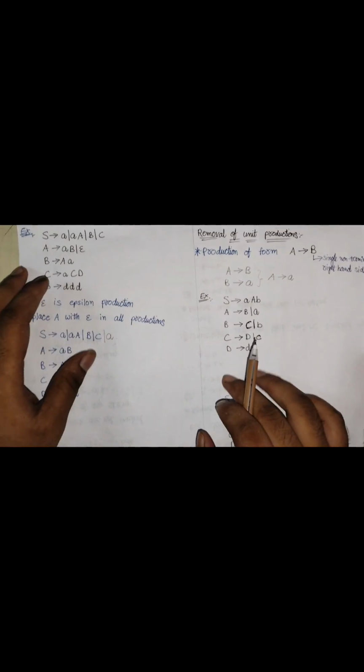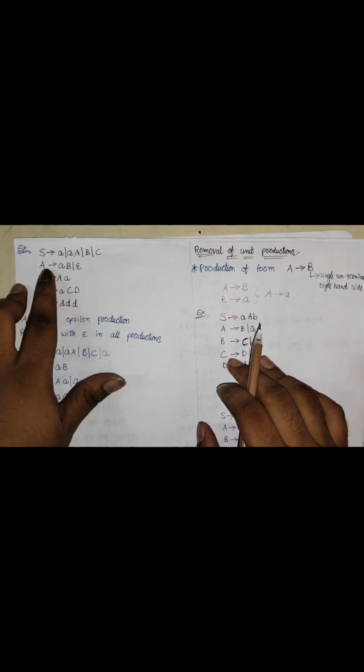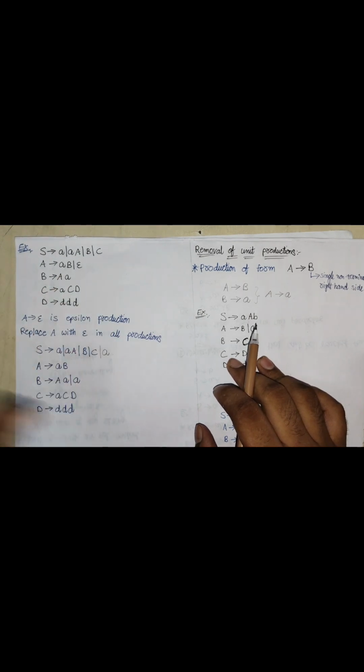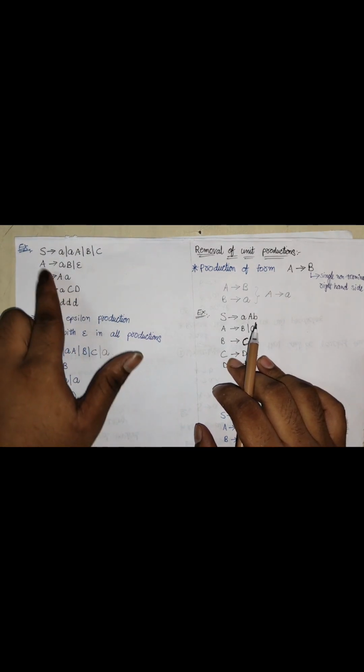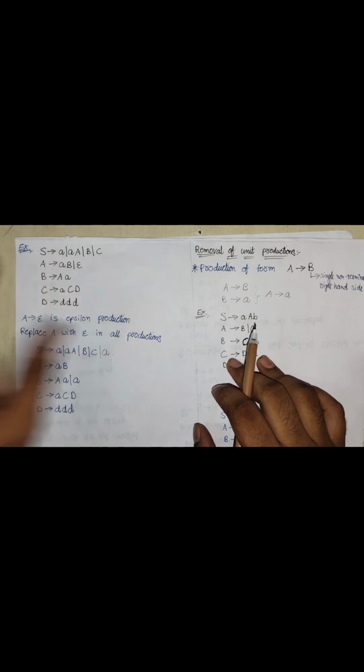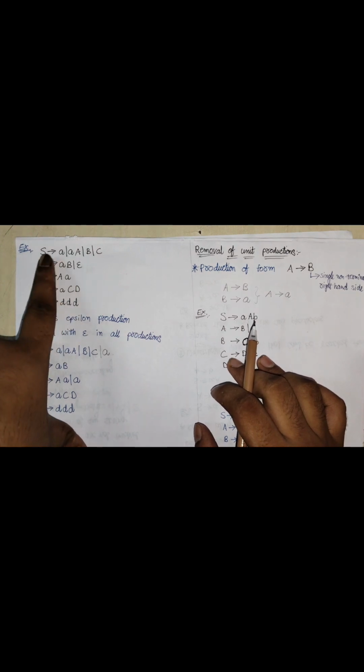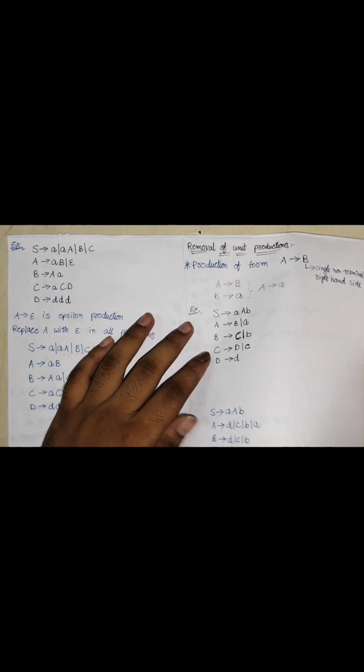Let's see another example. S tends to A, these are the productions given, and find the epsilon transition here. A tends to epsilon. This is the only epsilon transition in the given productions. So you have to replace A with epsilon in each and every production.